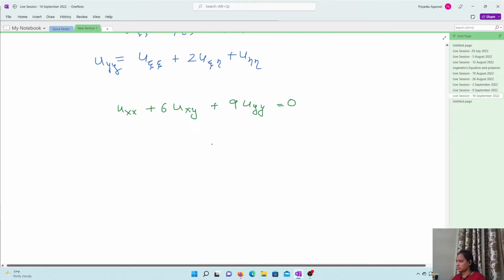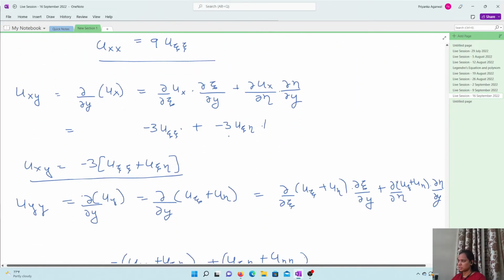First let's write uxx, which is 9 u xi xi.